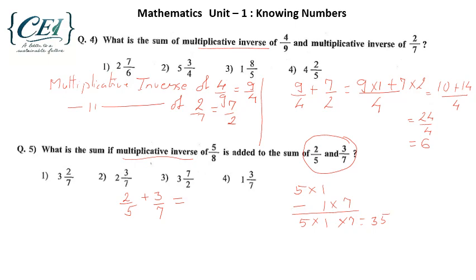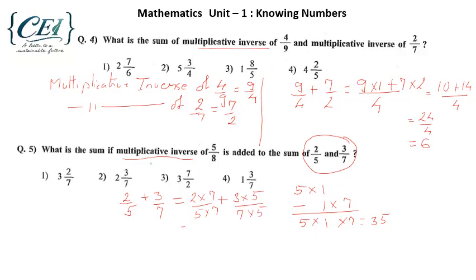What will you do? 2 into 7, 5 into 7, plus 3 into 5. If you divide 35 by 7, it is 5, so 3 into 5 upon 7 into 5.